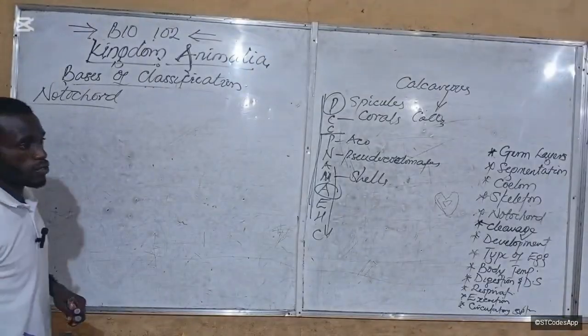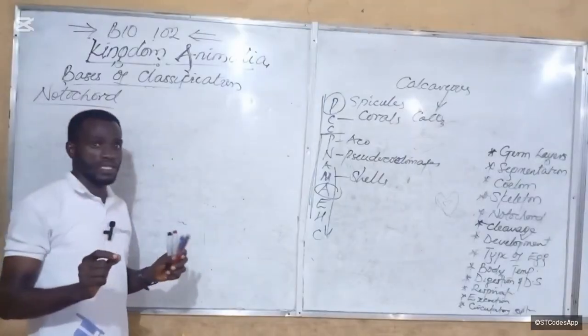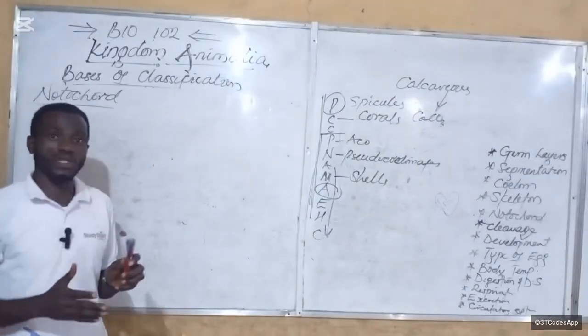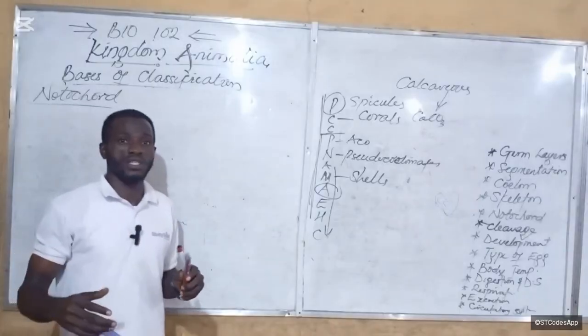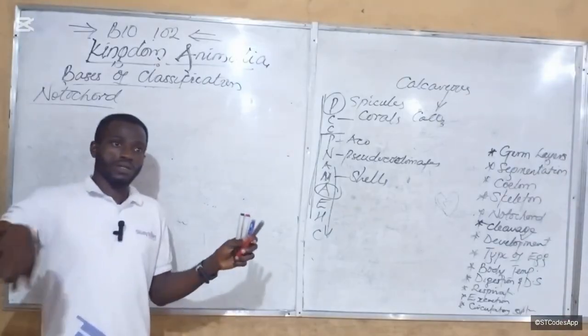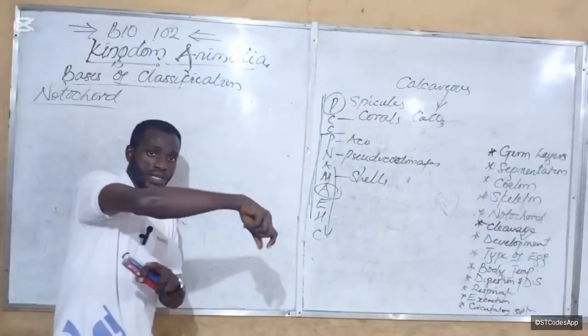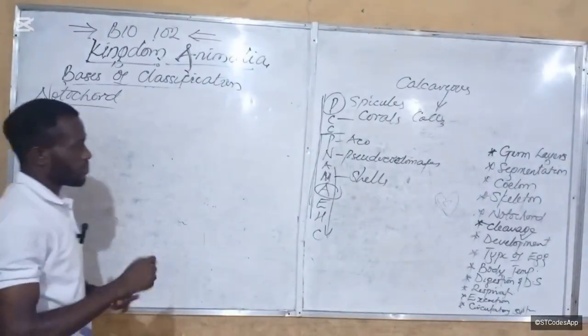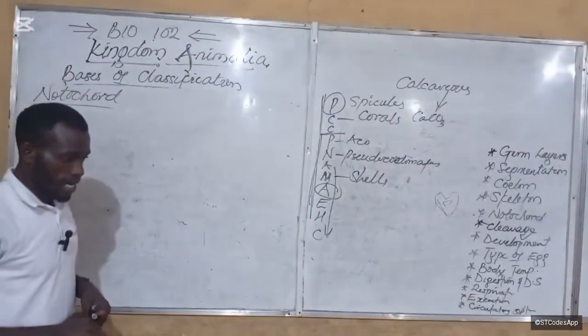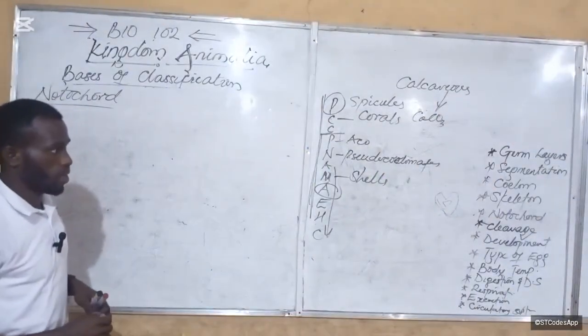So notochord is that elongated structure, not divided, undifferentiated, that you see on the dorsal portion of the body of the animal, exactly. So that's the notochord.